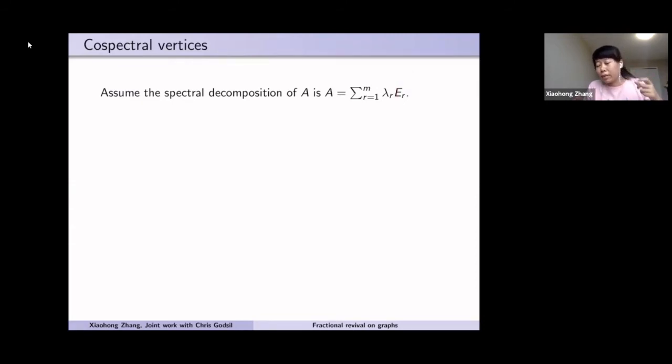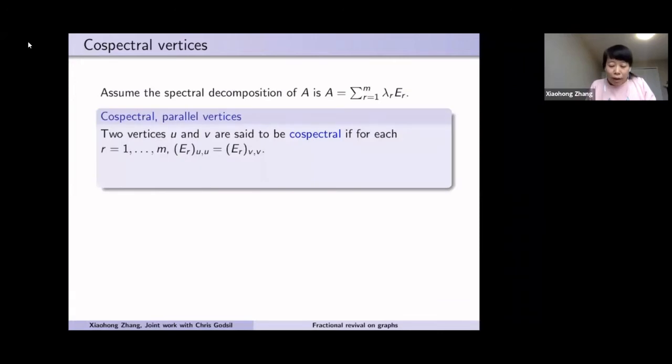Say we check the u-th and v-th entries. If for all the r's, the two diagonal entries are the same, we say the two vertices are cospectral to each other. Or we can check the vectors. For each E_r, we just take out the u-th column and the v-th column. If the vectors are parallel for each r, we say the two vertices are parallel.